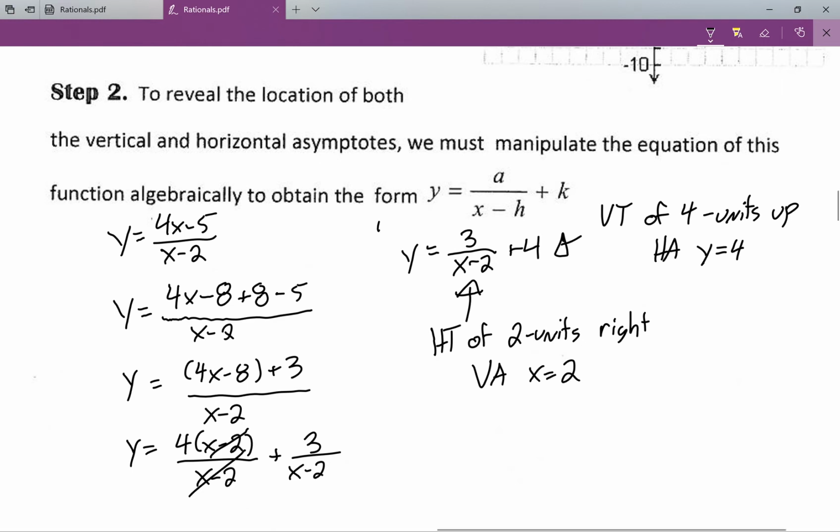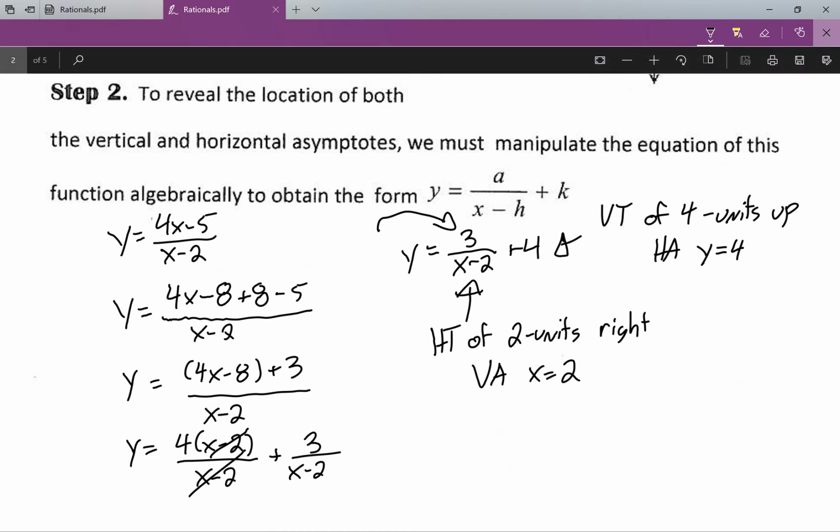Now, the a value right here, when we look at that 3, well, that does tell us that we have a vertical stretch by a factor of 3.